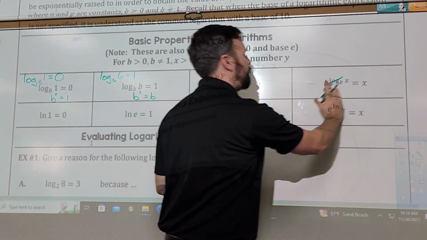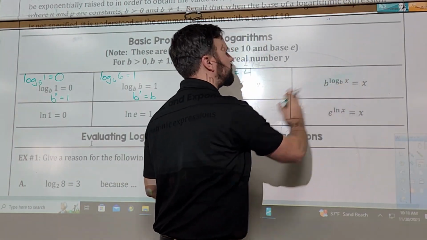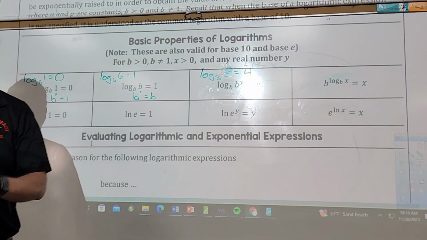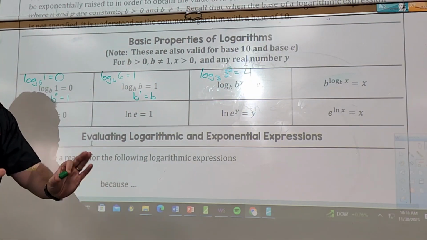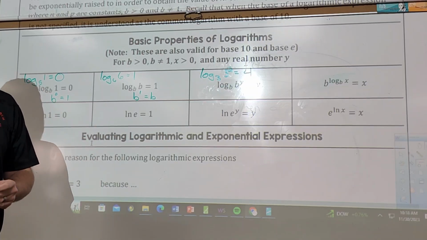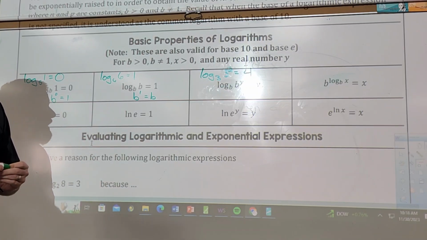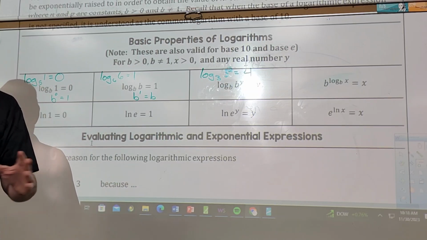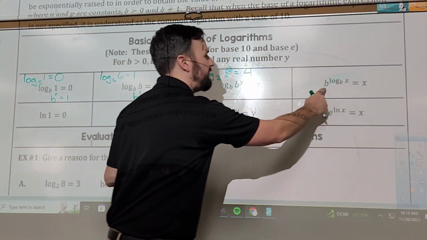If you're stuck, if you need to get a log out of a problem and solve, which again, we're going to do a lot. I'm not expecting you to know this right now. This is the intro, and I'm going to show you how to use this to solve equations with them. Some of you guys actually, when we get into this, are going to really like this, and solving these isn't bad. You're going to do the same thing every time with most of the problems. This is a way to cancel.